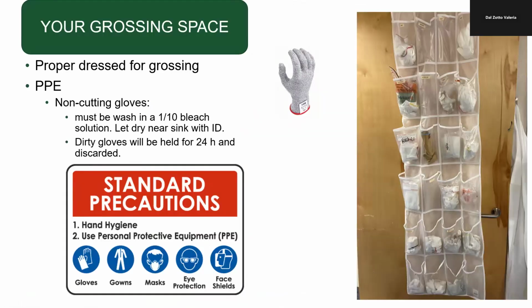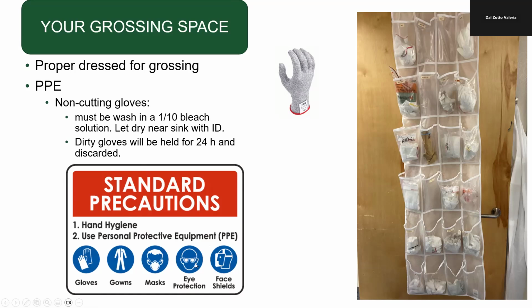Your grossing space. You're going to be provided with non-cutting gloves, and you are going to be provided with proper protective equipment for grossing. Your gowns, your masks. Make sure that you use eye protection.